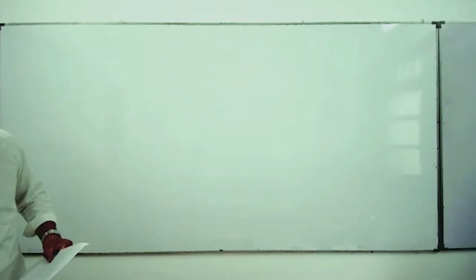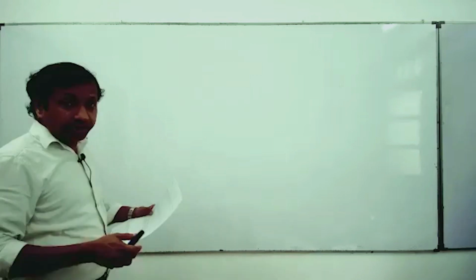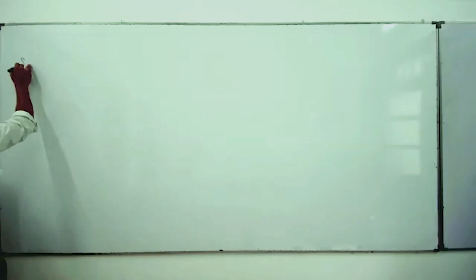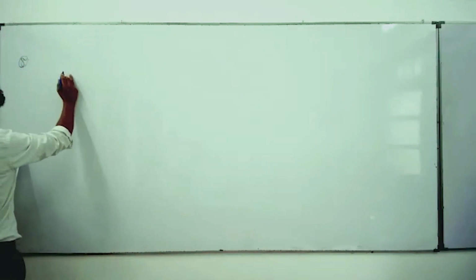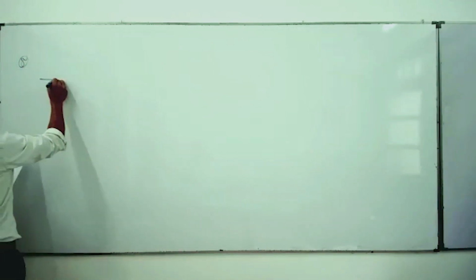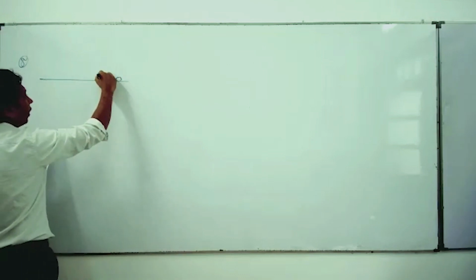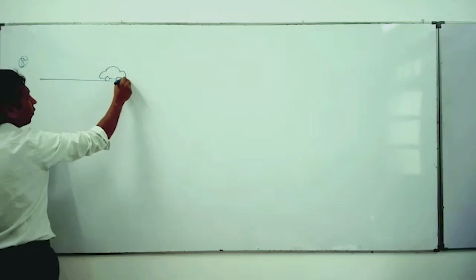Right. Number 8 is the work, power, energy part. Given this way, a car's mass is 2000 kilograms, right? This is the car, 2000.